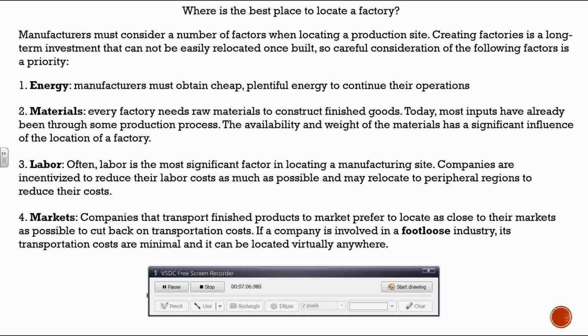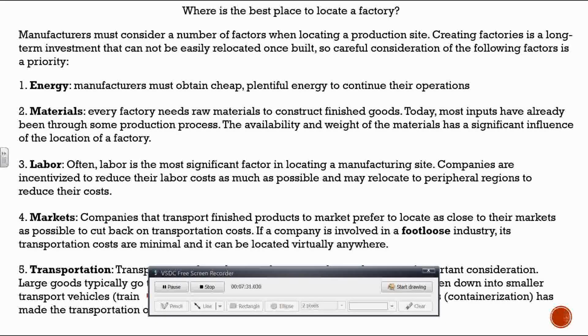Think of paper clips, staples, little office supplies like that. The final product doesn't weigh a lot and can be moved anywhere. And I suppose you could consider web-based markets to be footloose industries as well. IT work and that type of service. All right.